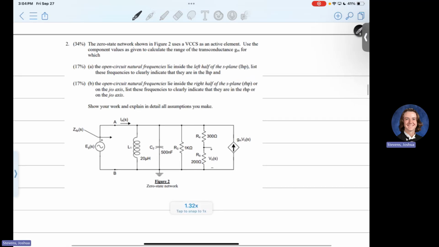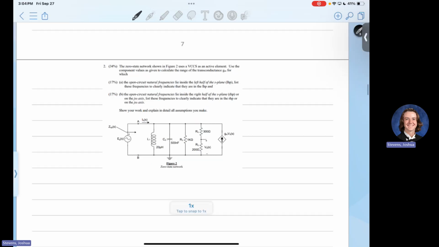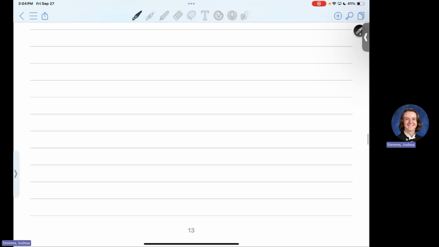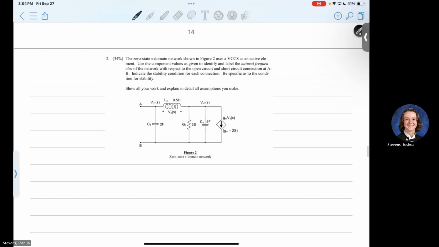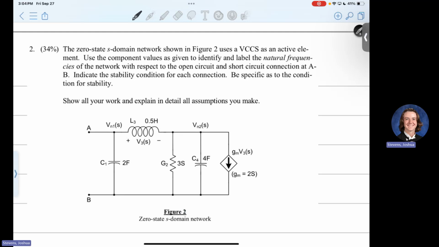Do we want to do this one? Or do we want to do this one? They're asking for the same things. They're just different problems. It's asking for the natural frequencies, open and short circuit. Which one do y'all want to do?